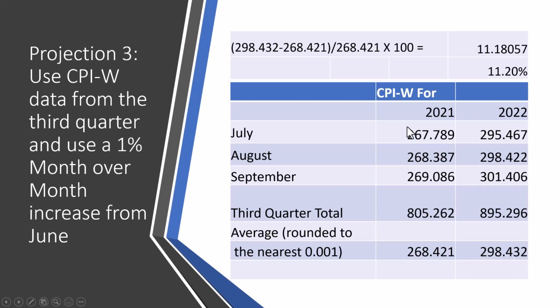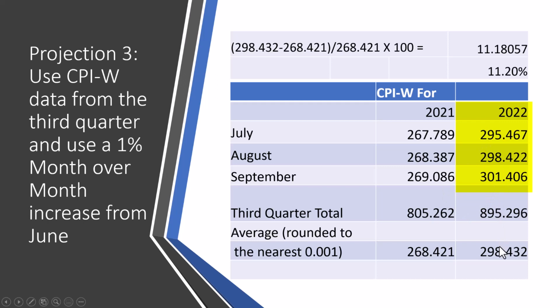Again, we use the CPI numbers from July, August, September of 2021, and then 2022's numbers projected. If we have a 1% month over month increase from the June number, this is what we would have.